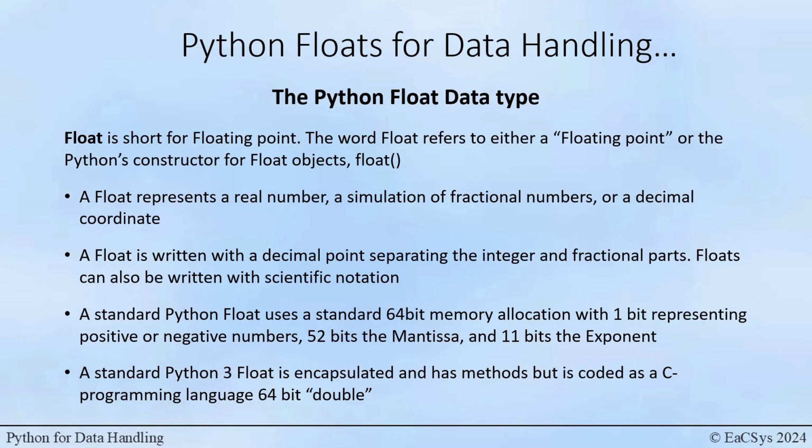Currently in Python 3, floats are defined by using 1 bit for designating if the float is positive or negative, 52 bits for the mantissa, and 11 bits for the exponent, for a total of 64 bits, or one standard 64-bit RAM memory location.